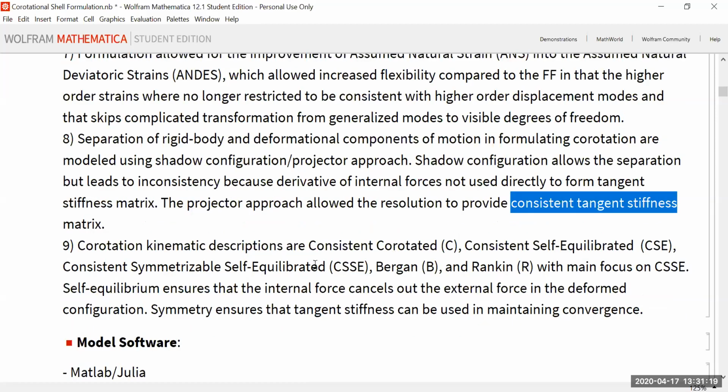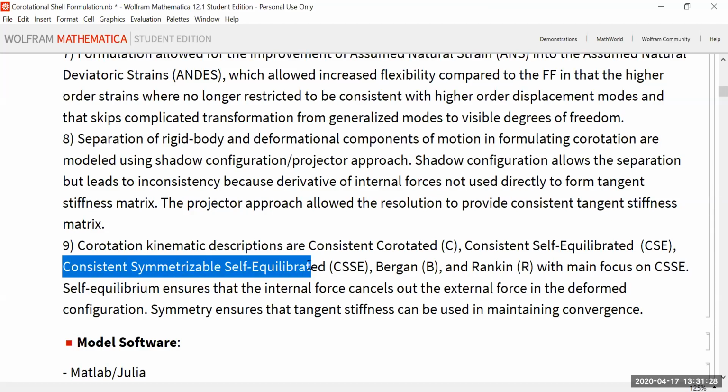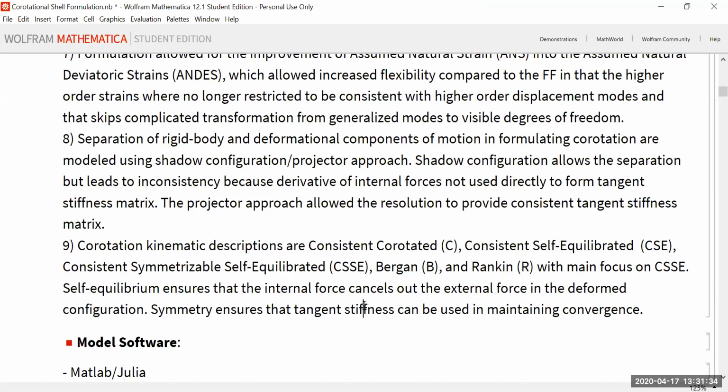And then here are some assumptions on the five different ways you can do the corotational description. With what I'm going to do, I'm going to focus on this one, the consistent symmetrical self-equilibrated. Simply, this ensures self-equilibrium.